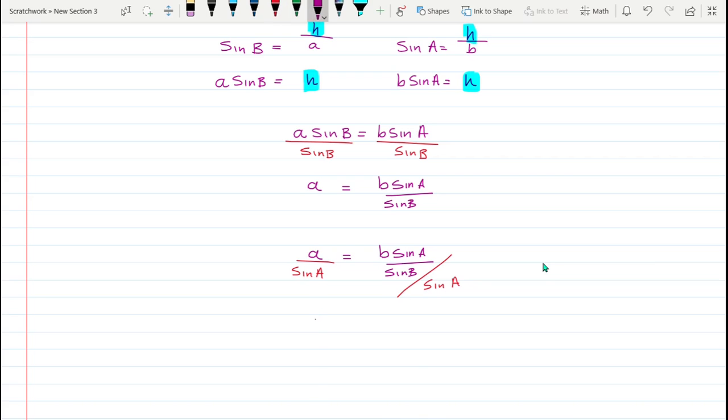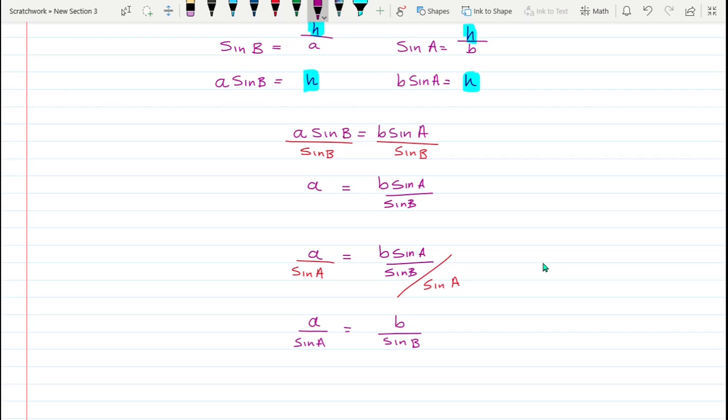So a over sine of A is equal to b over sine of B. And thus, this proves part of the law of sines. We obviously don't have the relationship for c over sine of C, but we can do that by following the same process that we just did.